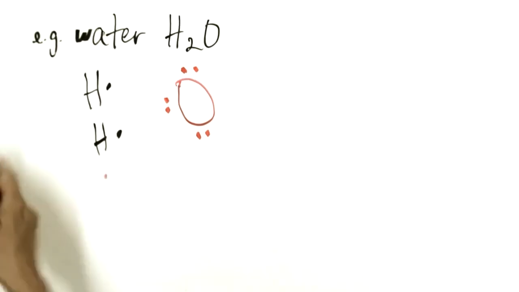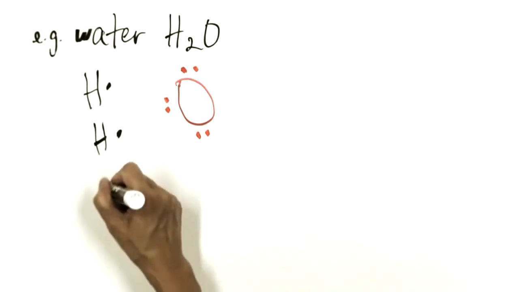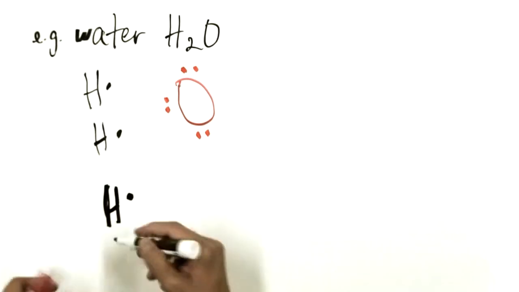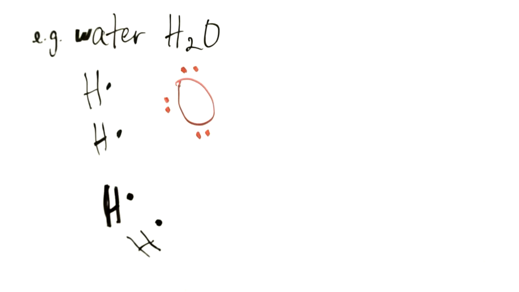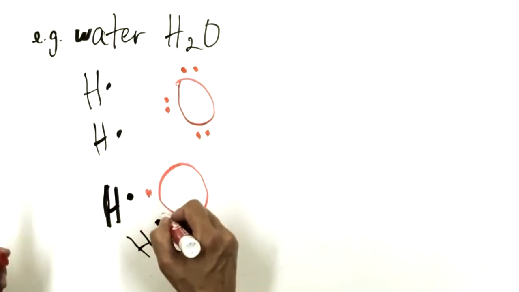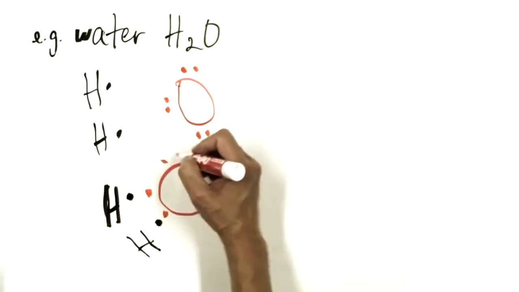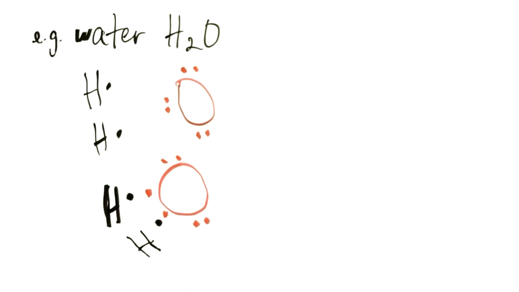will share this electron with oxygen. This other hydrogen will also share its electron with oxygen, and oxygen now will share each of its electrons with hydrogen, and we come up with a structure like this.